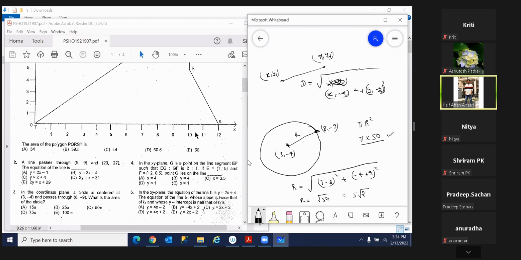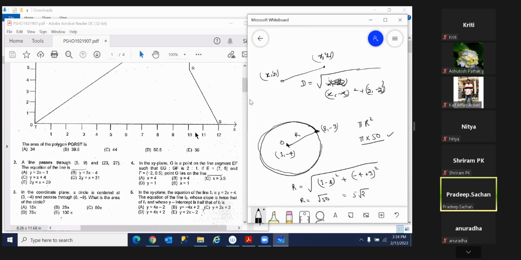Can you please explain that circle again? Circle we have seen that in a circle there will be a center, there will be a radius, and there will be a circumference. All the points lying on circumference, we will say that these points are lying on circle, because circle will look like this.